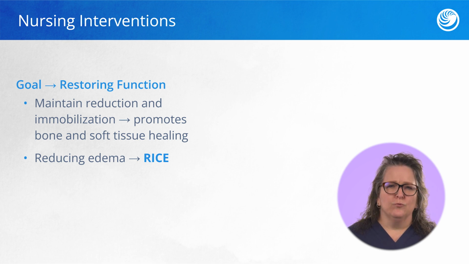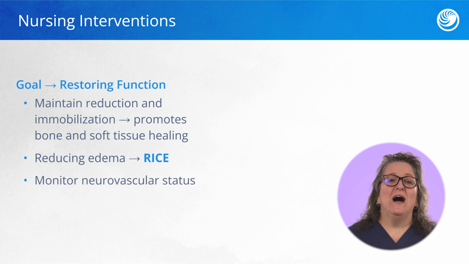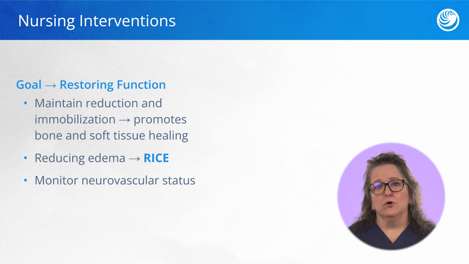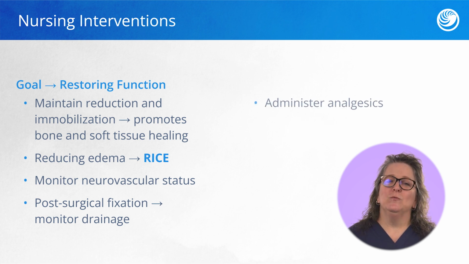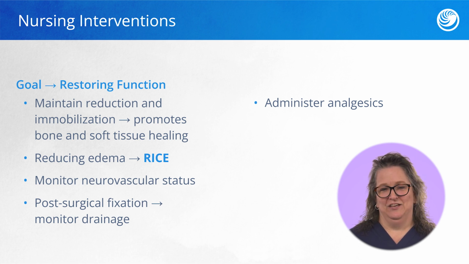These steps are really important with soft tissue injuries. We will monitor neurovascular status, monitoring for compartment syndrome, or any vascular or perfusion interruption, and note and report any changes. Post-surgical fixation, we will monitor drainage, monitoring for infection, and we will administer analgesics to allow the client to rest and heal.